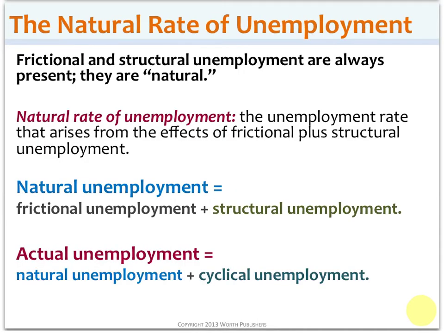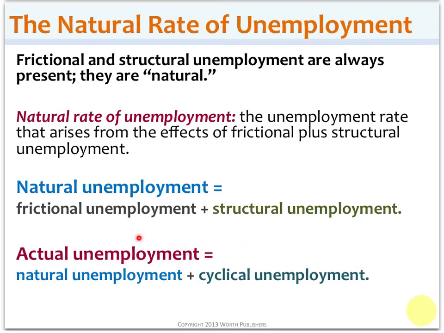So we're almost to our definition of natural rate of unemployment. So if we agree that frictional and structural unemployment are always there, then we can start calling them naturally present or natural unemployment. So the natural rate of unemployment, as long as we have a good idea what our frictional and structural unemployment rates are, we can just add them together and voila, we've got our natural rate of unemployment.